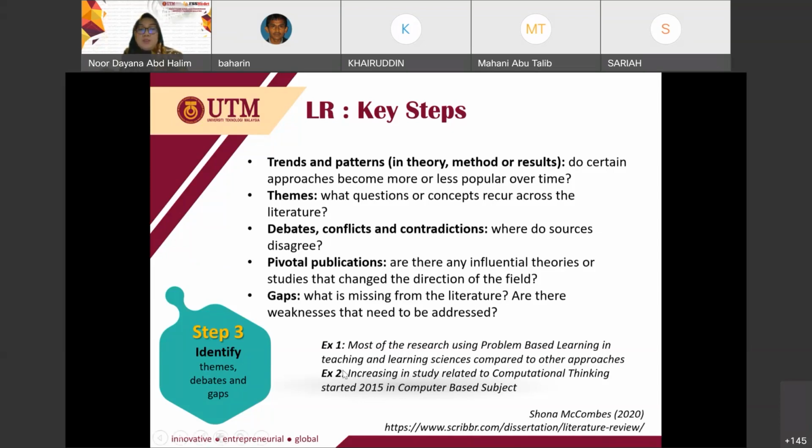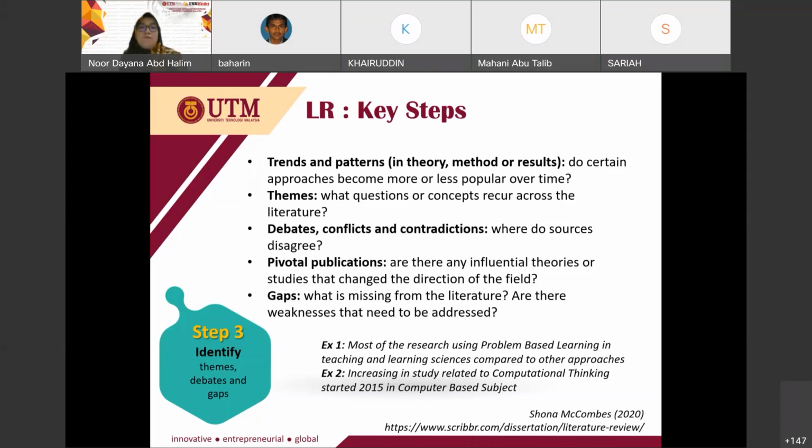Okay, so example 2, an increase in studies related to computational thinking started in 2015 in computer-based subjects. Okay, this is example 2 where you are studying computational thinking, so it relates to computer-based subjects. Okay, maybe in the early phases computational thinking related to science subjects.